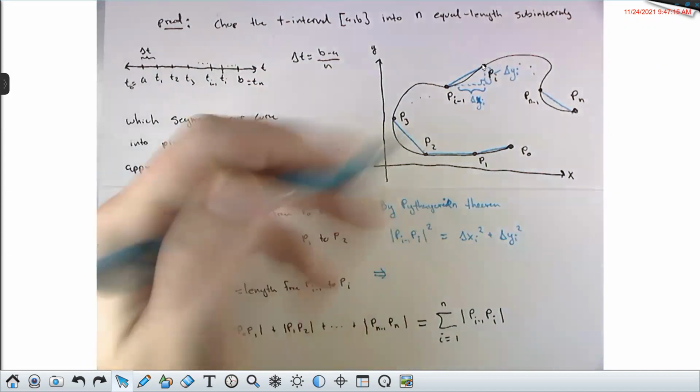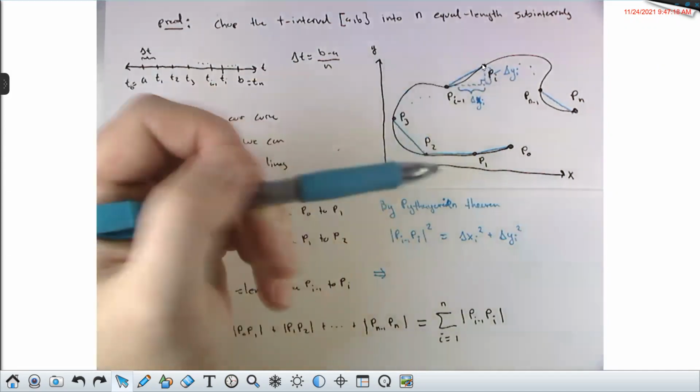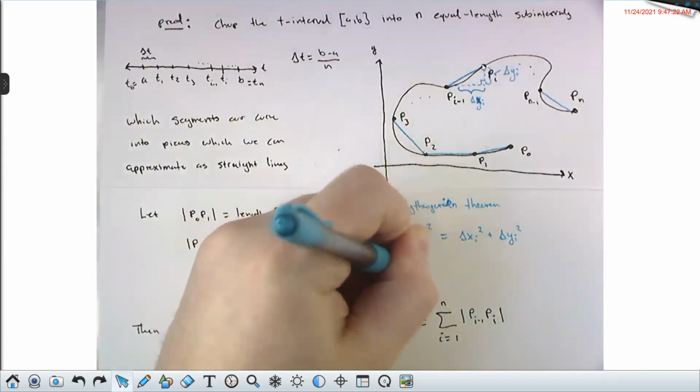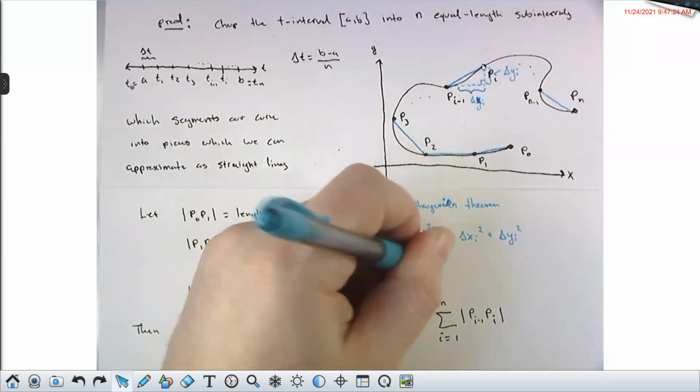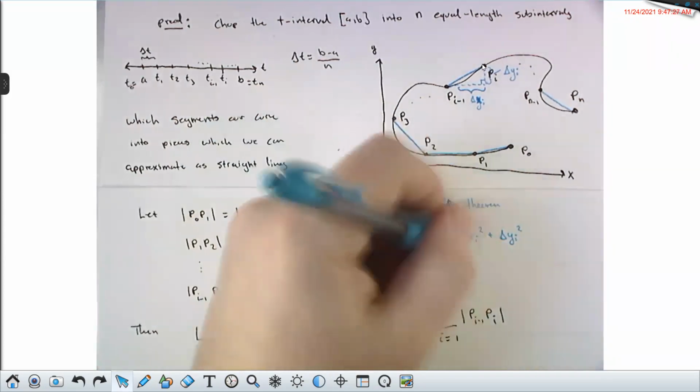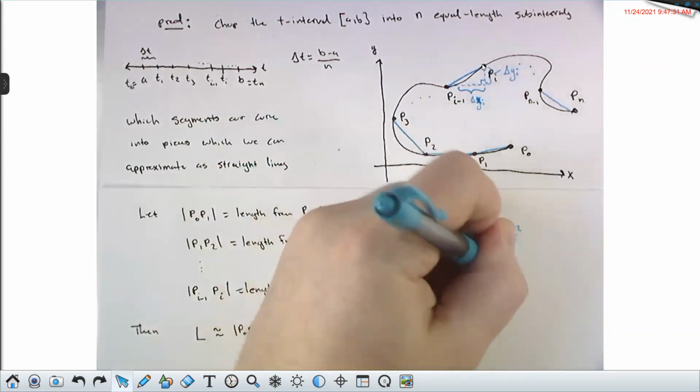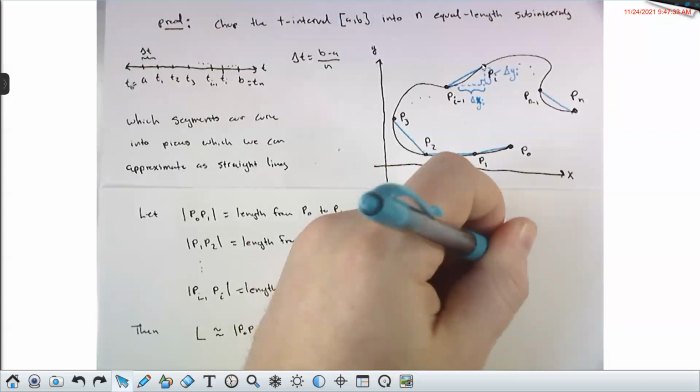Right? A squared plus b squared equals c squared. Which means that the straight line length from Pi minus 1 to Pi is the square root of delta xi squared plus delta yi squared.